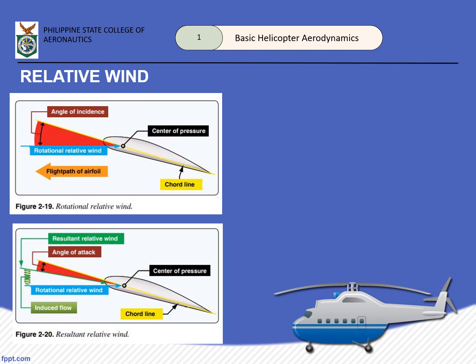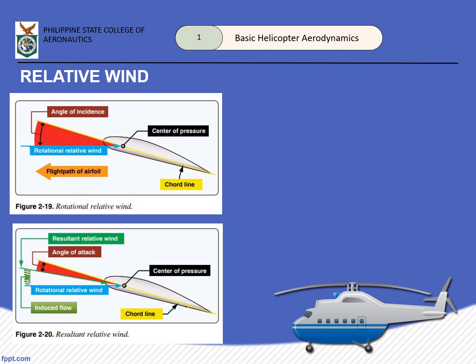This flows opposite the physical flight path of the airfoil, striking the blade at 90 degrees to the leading edge and parallel to the plane of rotation, as you may see there sa ating photo. This is constantly changing in direction during our rotation. And take note that this is highest at the blade tips.